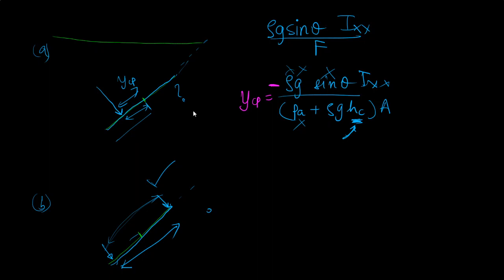So for an object at a deeper depth, this magnitude will be larger. The denominator increases, and Ixx doesn't change because the shape of the object doesn't change.